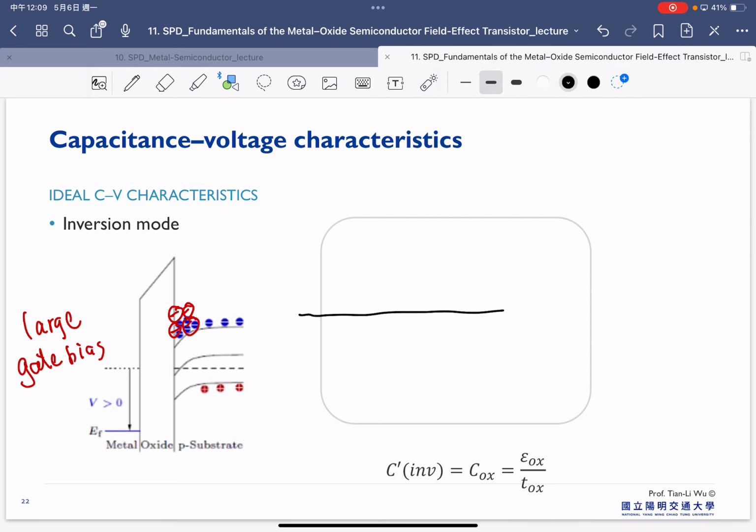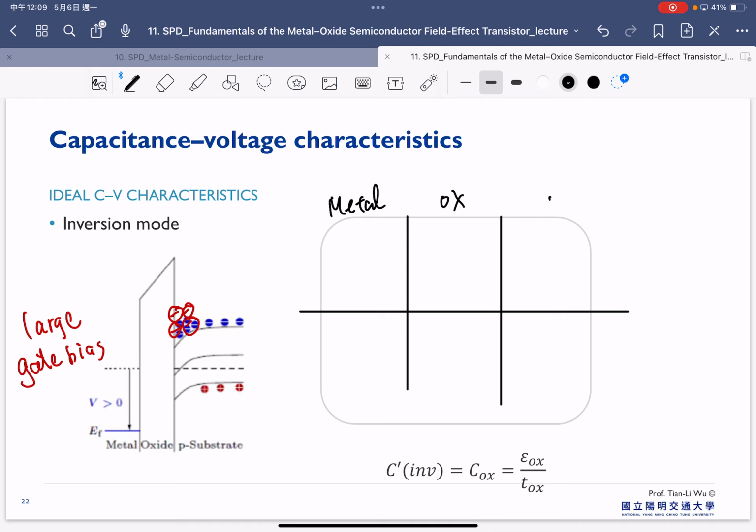Again, if you look at the charge distribution here, we have the metal, oxide and P substrate here. Right now we apply the large gate bias. That means we still have quite a lot of positive charge at this point.